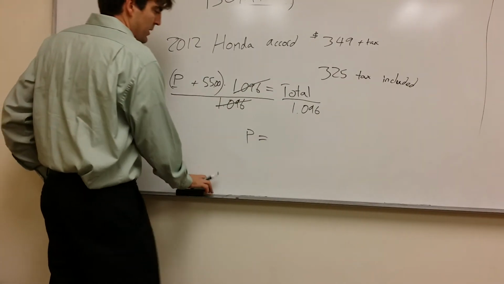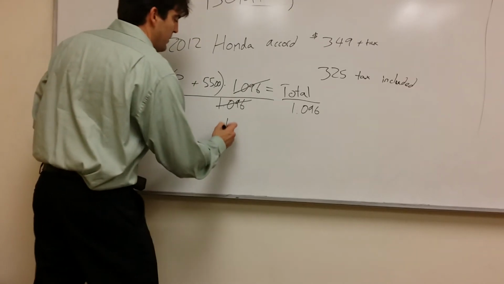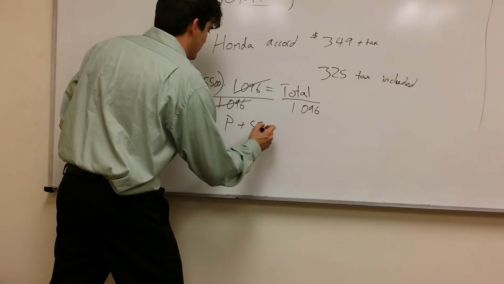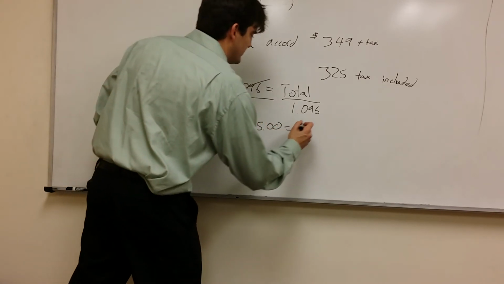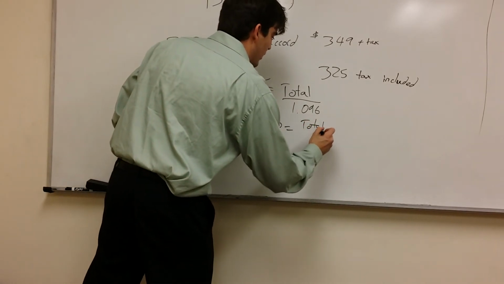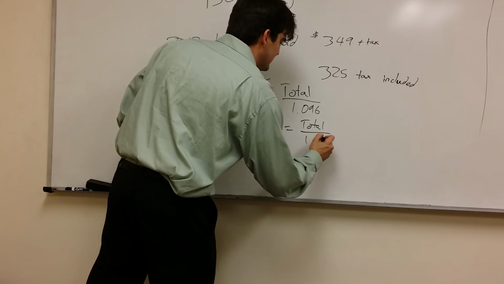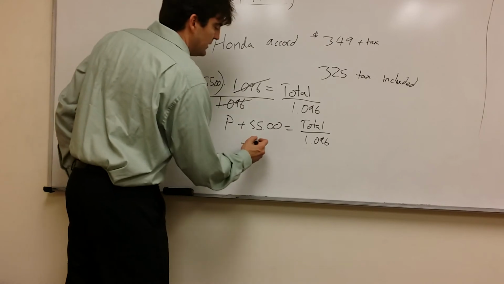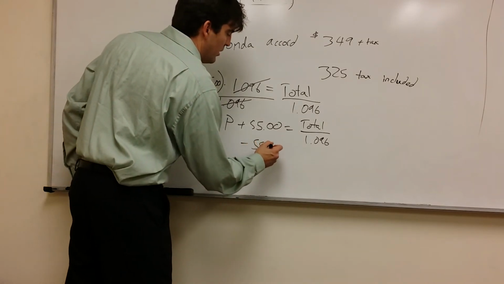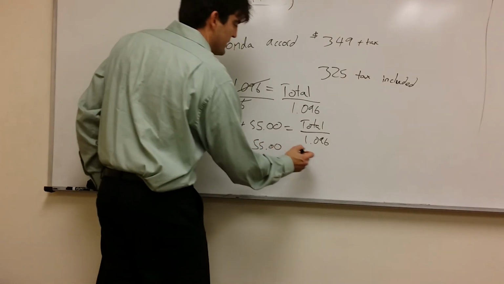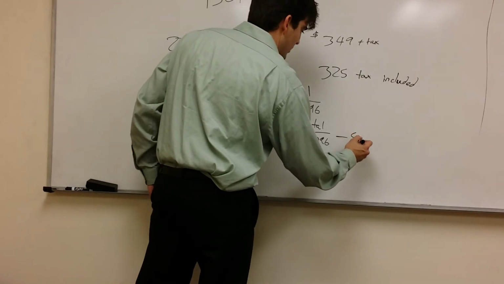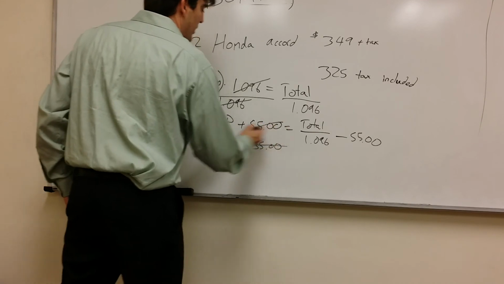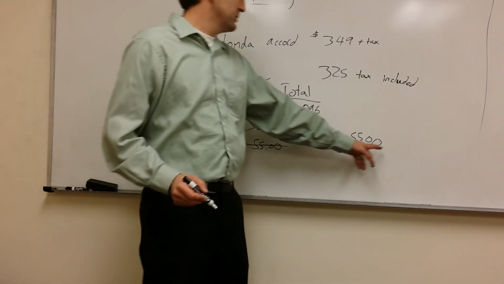Then that leaves us with P plus 55 equals the total over 1.096. Okay, then we're going to subtract 55 from both sides. Obviously those cross out, and that's the completed expression.